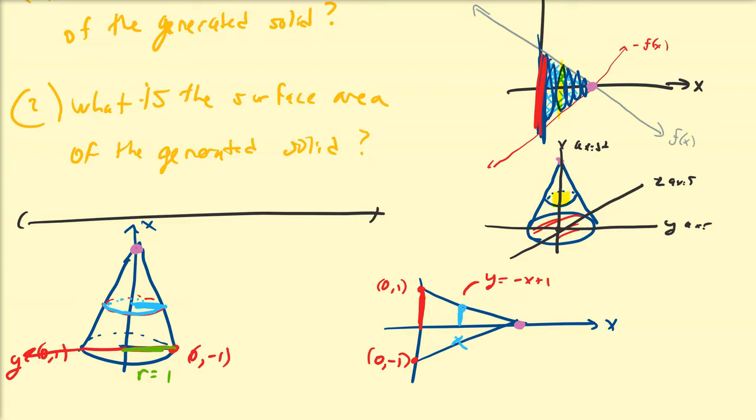That height, this radius, is going to be equal to whatever height value the function has at that x point. So that's going to be negative x plus 1 in general, and that applies to any line segment you choose along this trajectory. We have a bunch of circles and we know all their radii.